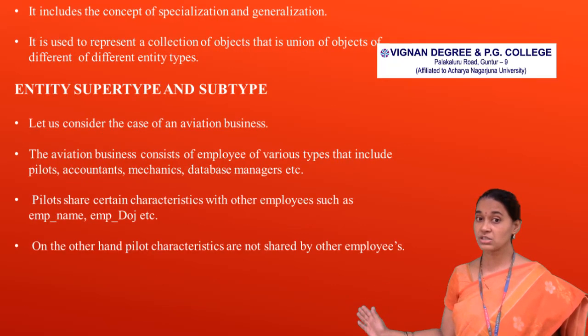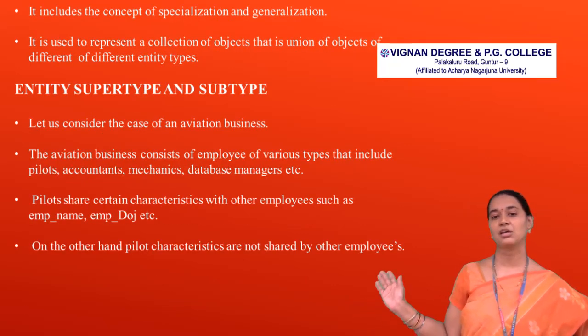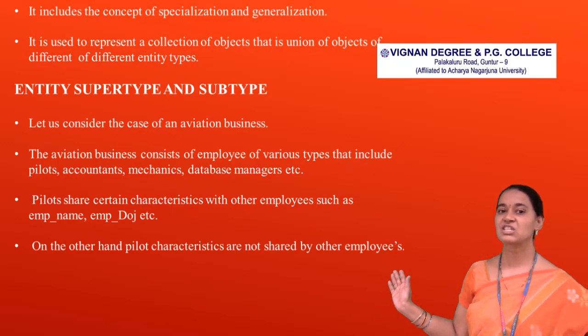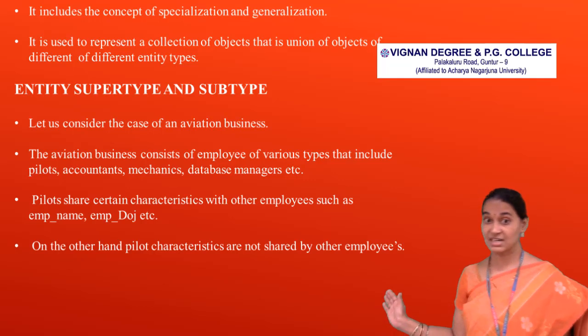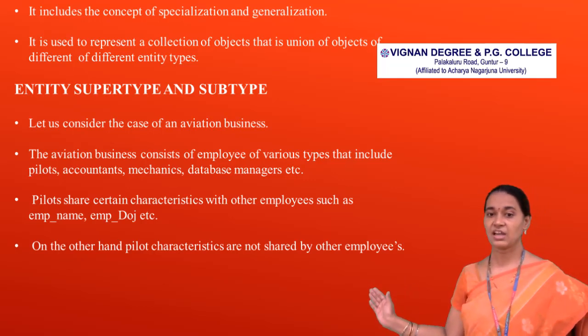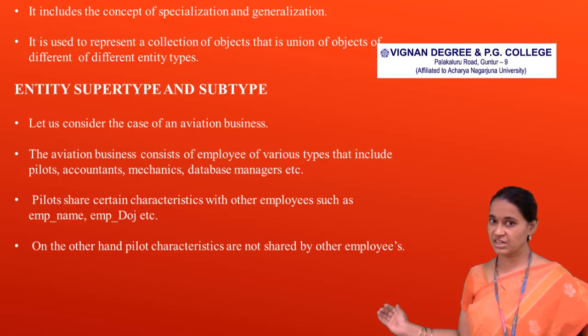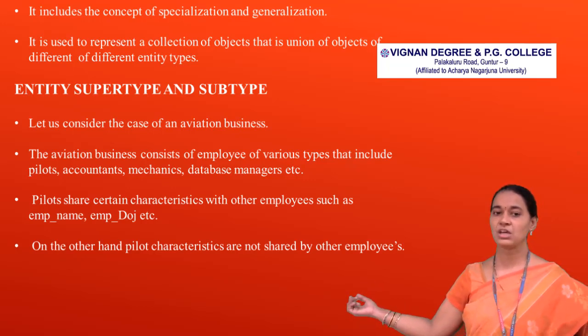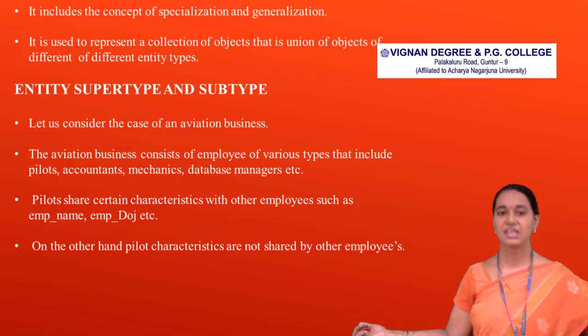It also includes the concepts of specialization and generalization. It is also used to represent a collection of objects, that is, the union of objects with different entity types, so different entity types are grouped as a union and represented. These are the various features of the ER model.